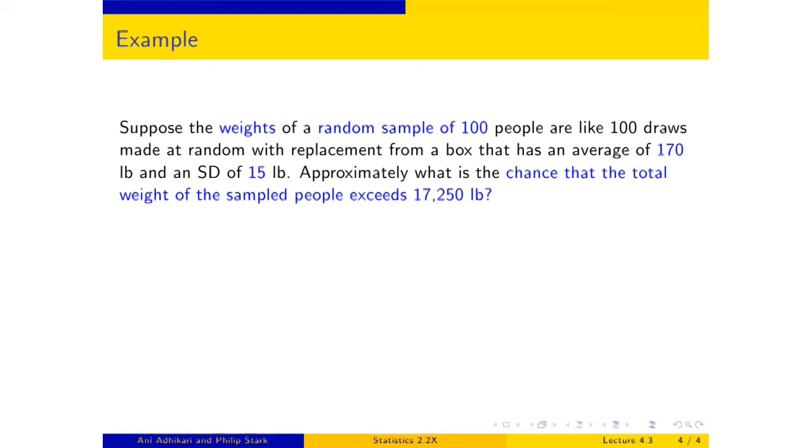And once you've had the chance to look at that question, you might wonder why on earth we would be interested. Who cares about the total weight of a random group of people?